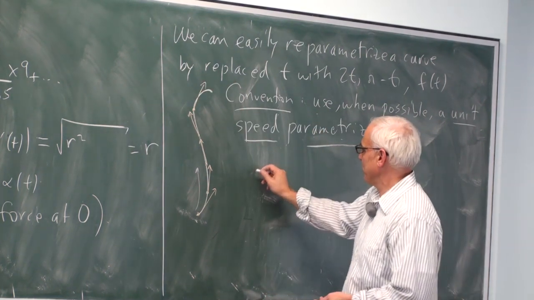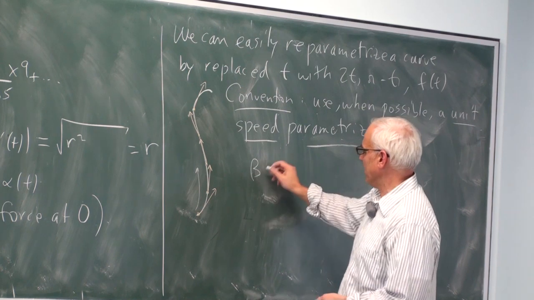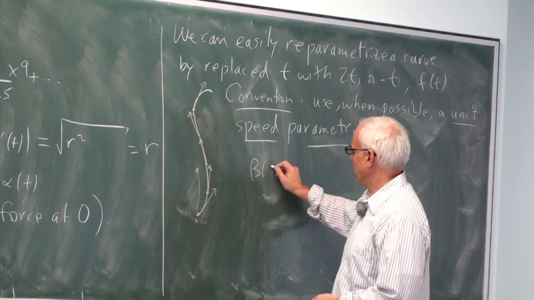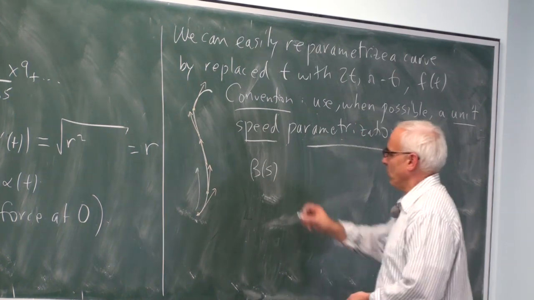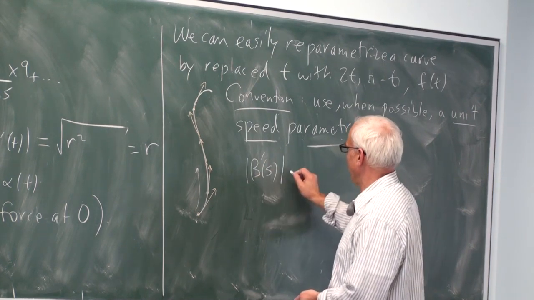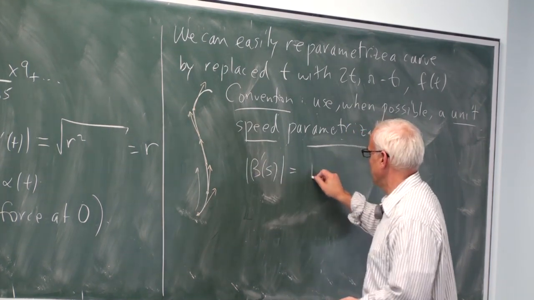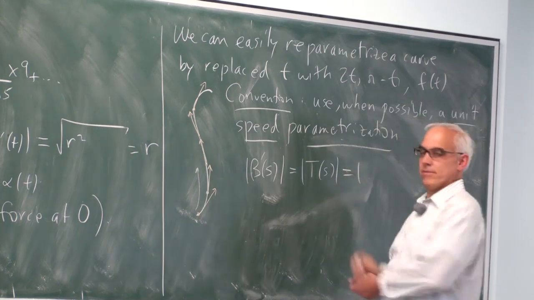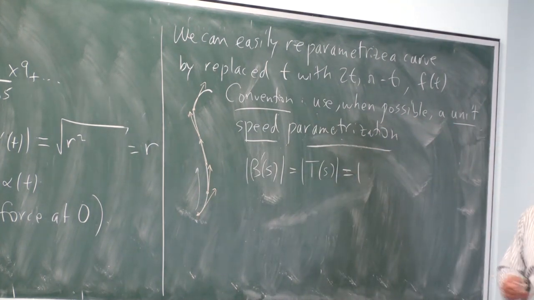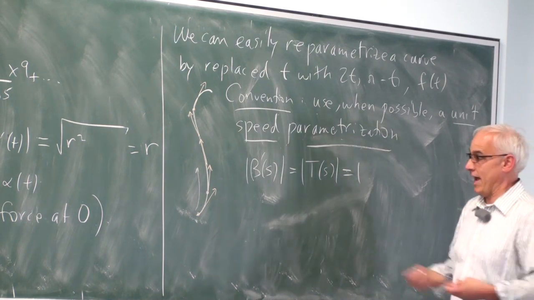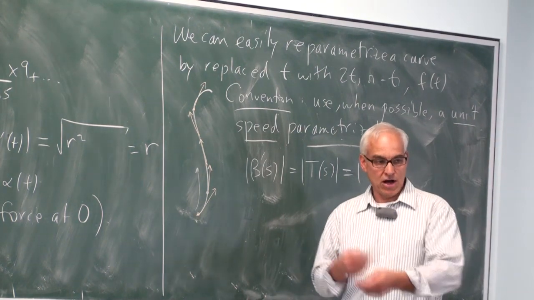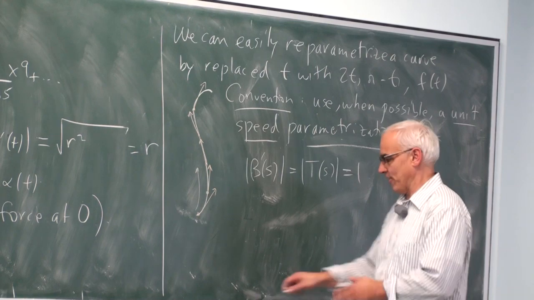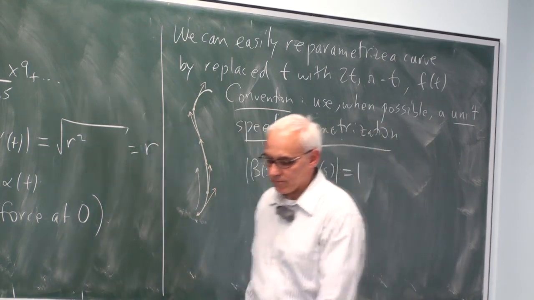So we want, let me write beta of s, we want the size of beta prime of s, which is the tangent vector, to always be 1. It's a kind of standard convention that we can adopt to make it simpler to talk about curves and give us some kind of anchoring point.